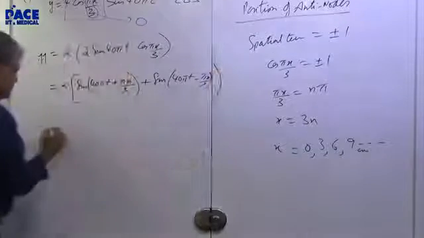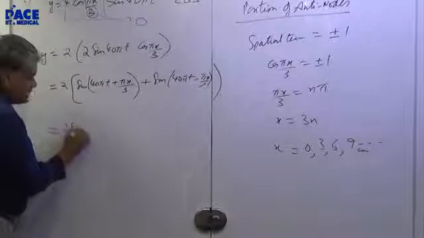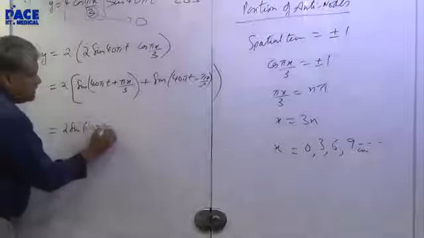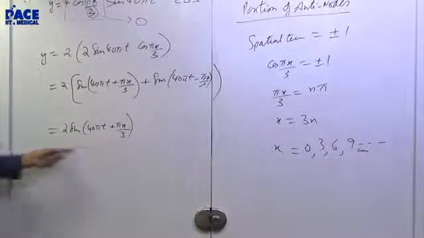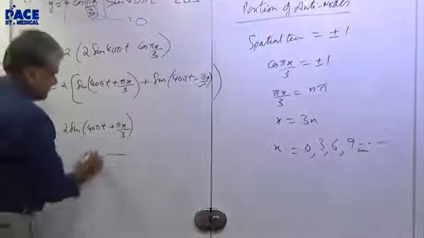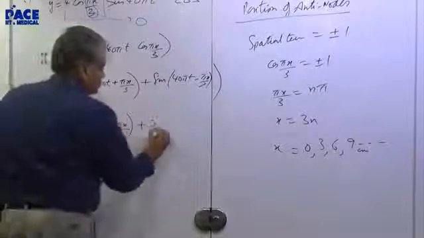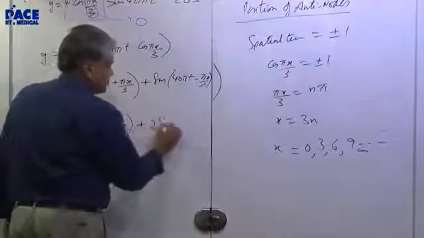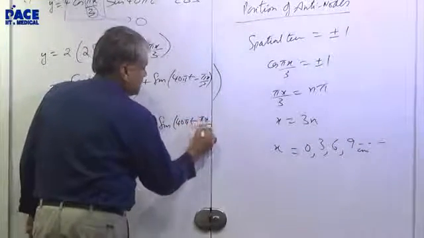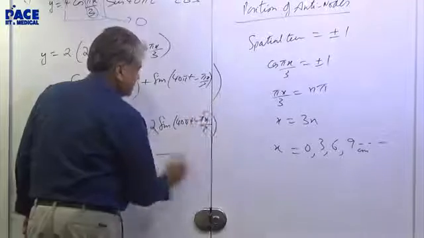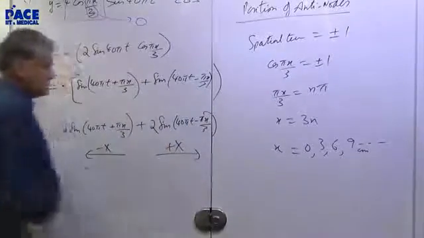Can you see the two waves? One of them is sine(40 pi t plus pi x by 3). Which way is it going? Negative x direction. And superimposing with it is sine(40 pi t minus pi x by 3), which goes the other way. That's right, isn't it?